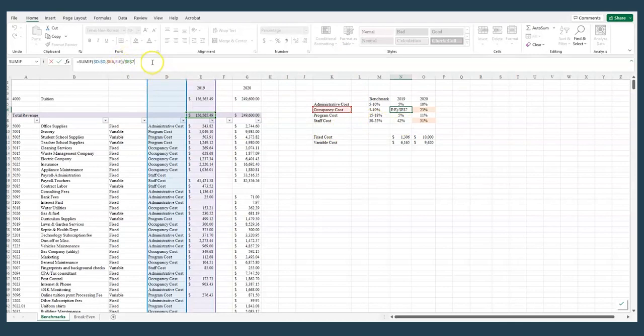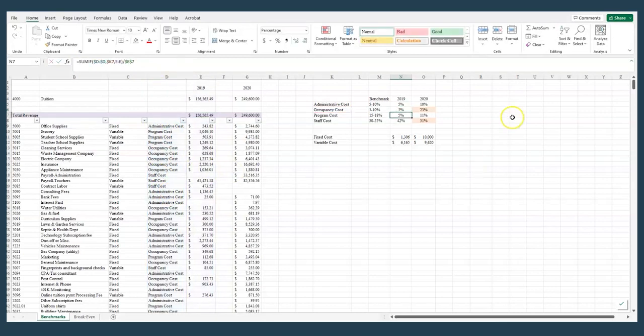Same thing, it can't leave, because I have the $ signs on the revenue, it will only pick that place for revenue. And same thing with the D, because these both have a $ sign, they're locked on that D, which is, I think, a little bit more advanced than we want to get. So if you know how to do that, great. If not, then just go ahead and build out that formula.